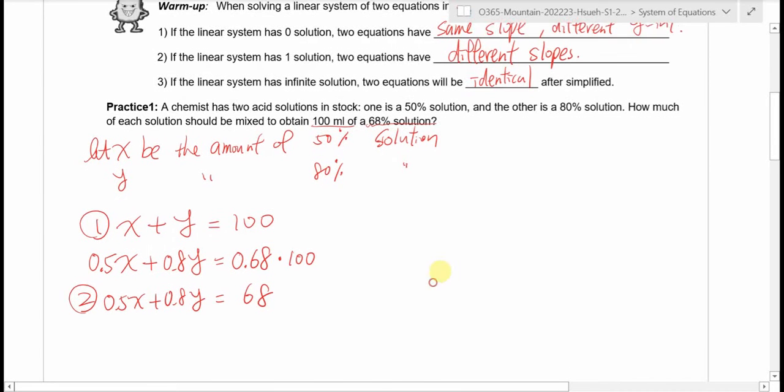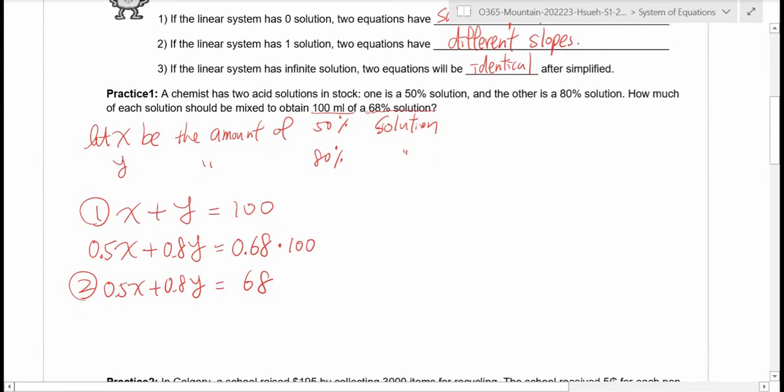Now I can multiply the second equation by 2 to make 0.5x become 1x. So multiplying number 2 by 2, I get x plus 1.6y equals 136. Let me rewrite my equations. We have x plus y equals 100, and x plus 1.6y equals 136.